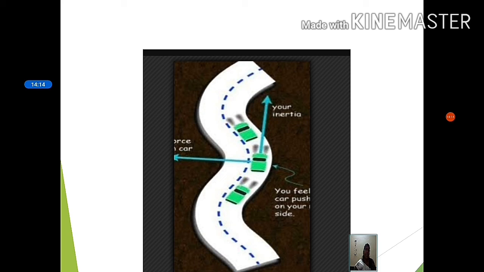Why does this happen? Because of the inability of the body to change its direction of motion. When you travel in a vehicle, you might have experienced this effect.